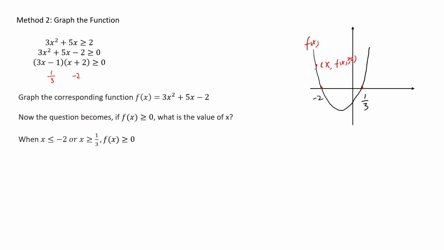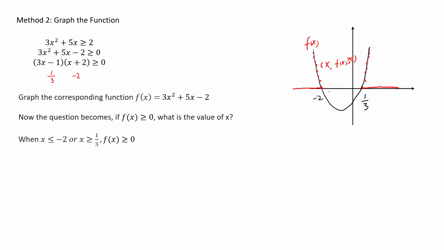As you can see, at any point here or here, f(x) is greater than 0. That means the x values from here to here and here to here will make the y value greater than 0. So we have x smaller than or equal to -2 or greater than or equal to 1/3.